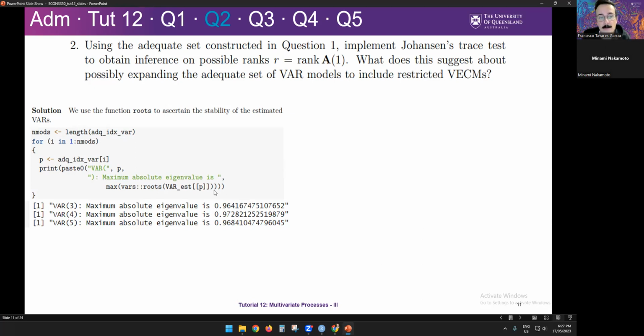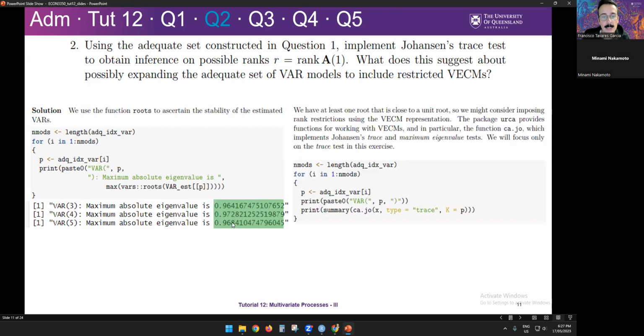So given we have eigenvalues, although we're saying our VAR is stable, we have eigenvalues relatively close to 1. So we will run another thing, the Johansen's trace test, to evaluate if we should do some VECMs with restrictions on it.